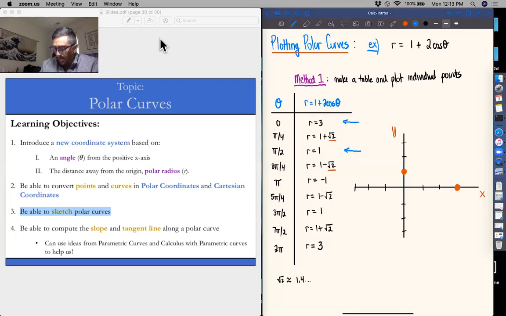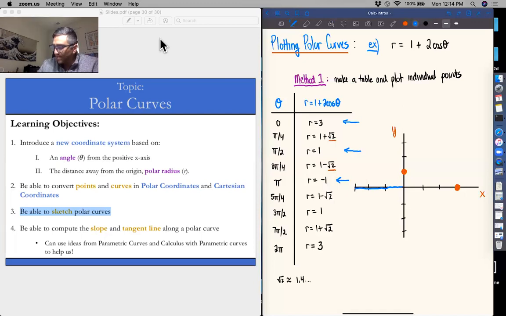All right, let's keep going. I'm going to skip over 3 pi over 4 in the same way and look at what happens at pi. Normally we'd be along the negative x-axis at an angle of pi, because we define our angle from the positive x-axis. But this time something special happens: we have a negative r value.